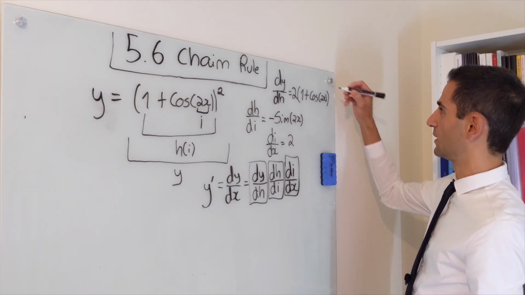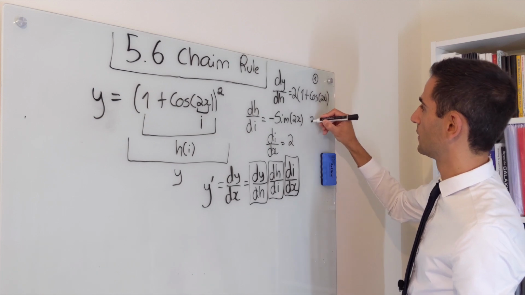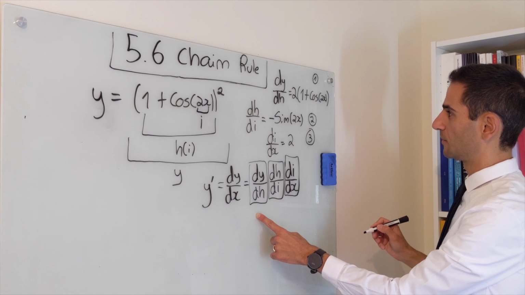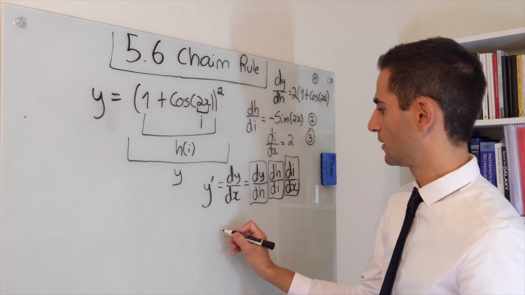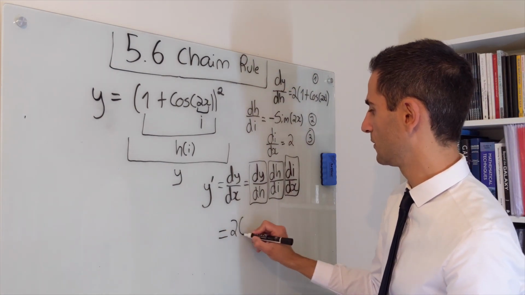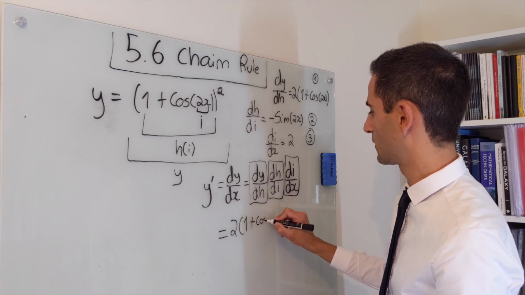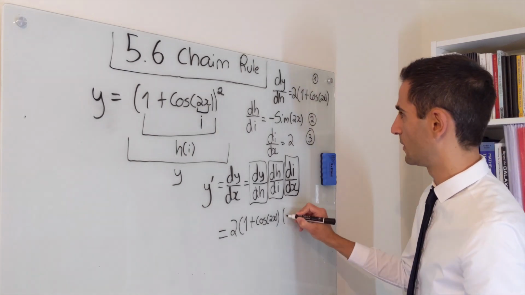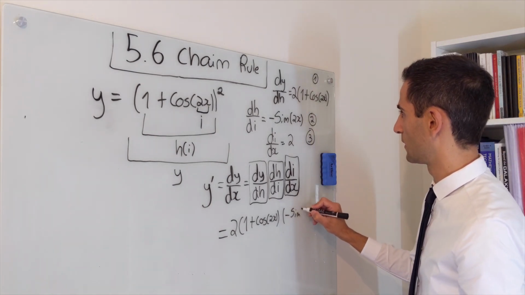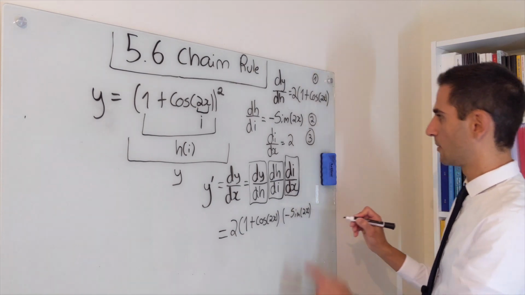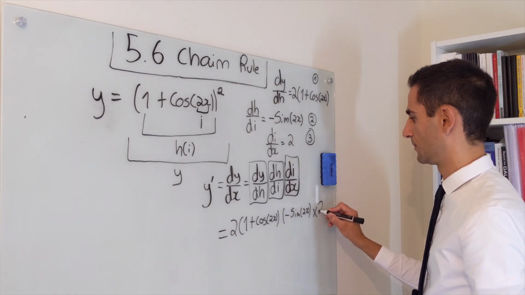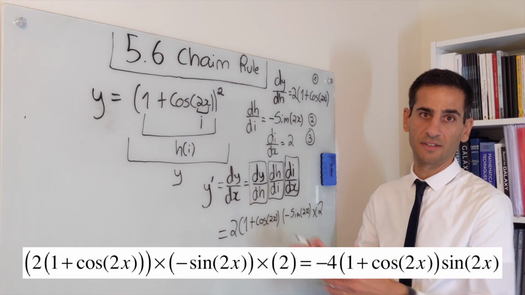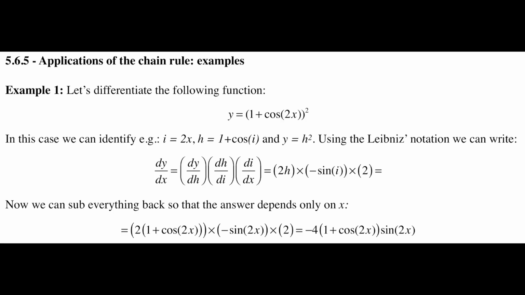And we can then plug in, we can say this is term 1, term 2, term 3. We plug them in here, and we get 2 times (1 plus cos of 2x) multiplied by minus sine of 2x multiplied by 2. And you can simplify it just as you can see here and also in the lecture notes.